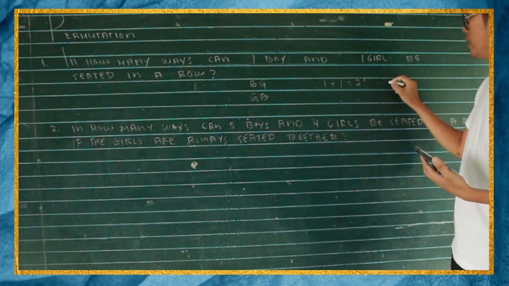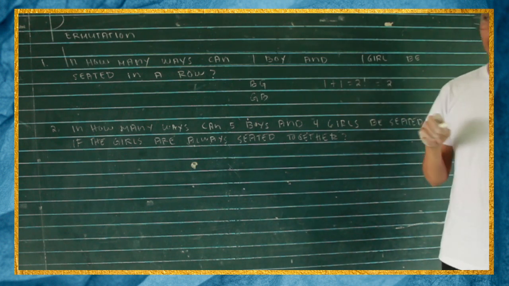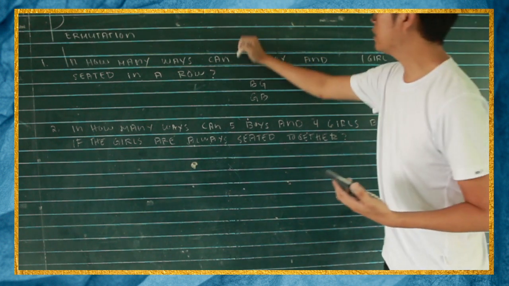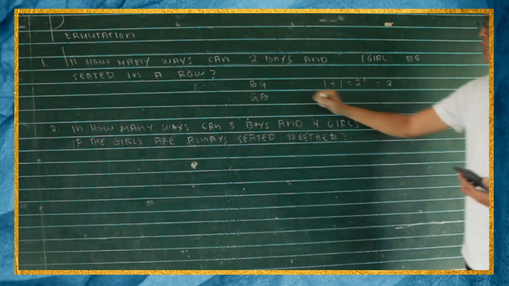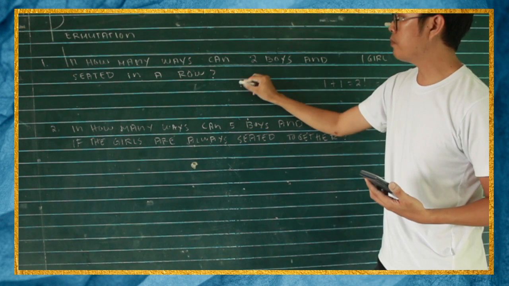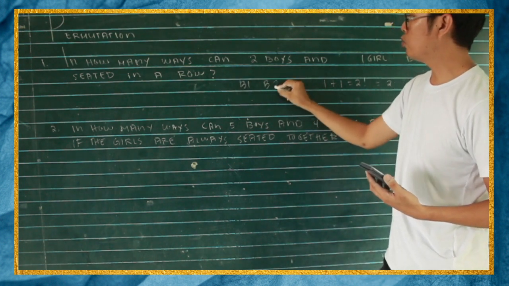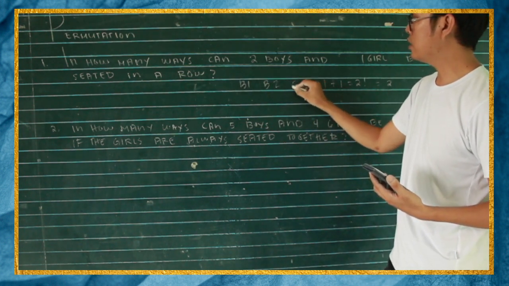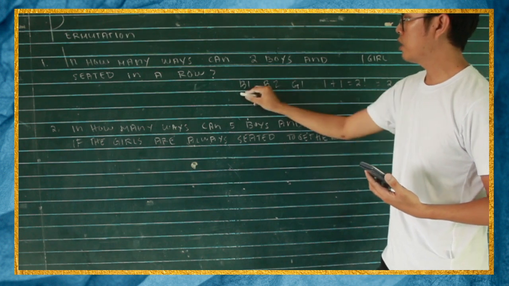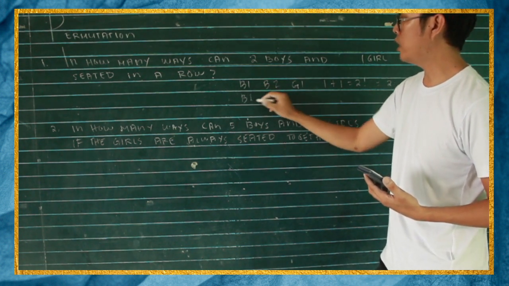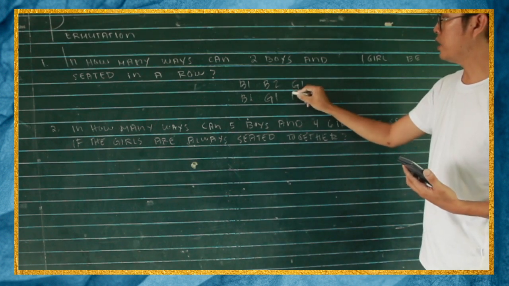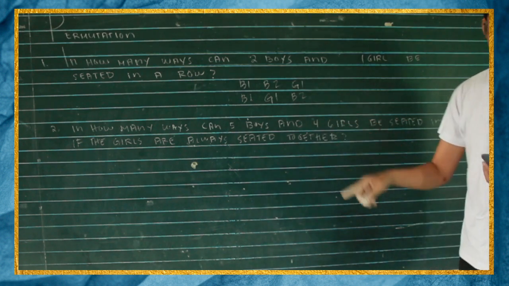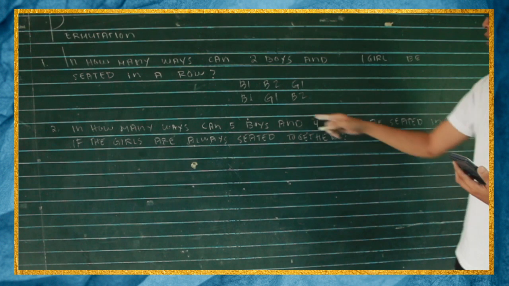2 factorial is 2. So paano kung gawin natin 2 boys and 1 girl? Pwedeng si B1, B2, and G1. Pwedeng si B1, G1, B2, by listing, systematic listing.